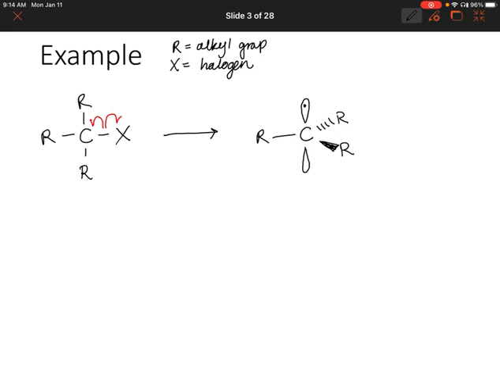So I'm looking at this from the side, and this is actually a trigonal planar geometry. So we could draw it from above, but then you can't really see the p orbital because the p orbital is above and below the carbon there. So I'm just drawing it from the side to show you what that looks like.